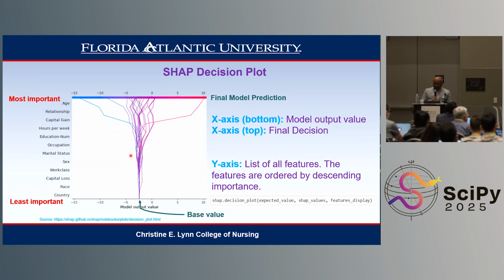Now the SHAP decision plot. In the decision plot, each line indicates an instance and shows how the decision changes starting from the base value, ending at the final model prediction. Each observation's prediction is represented by a colored line.